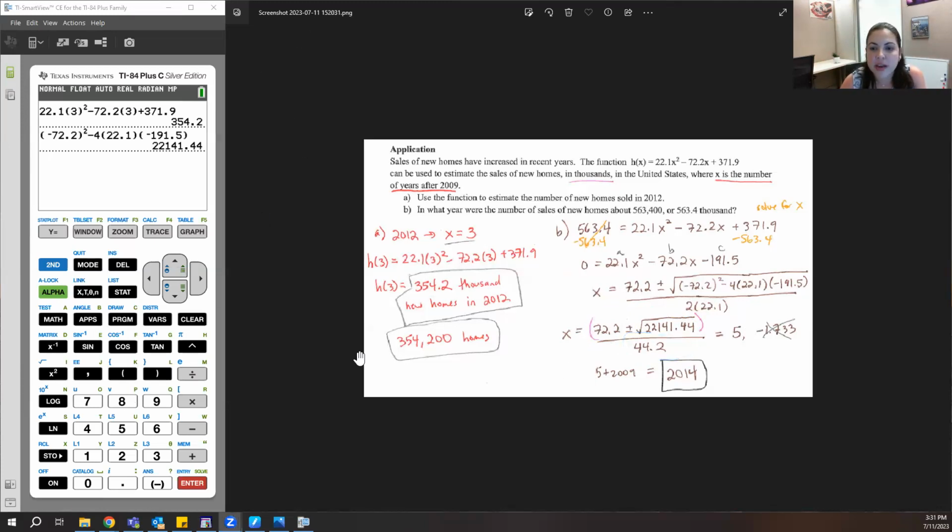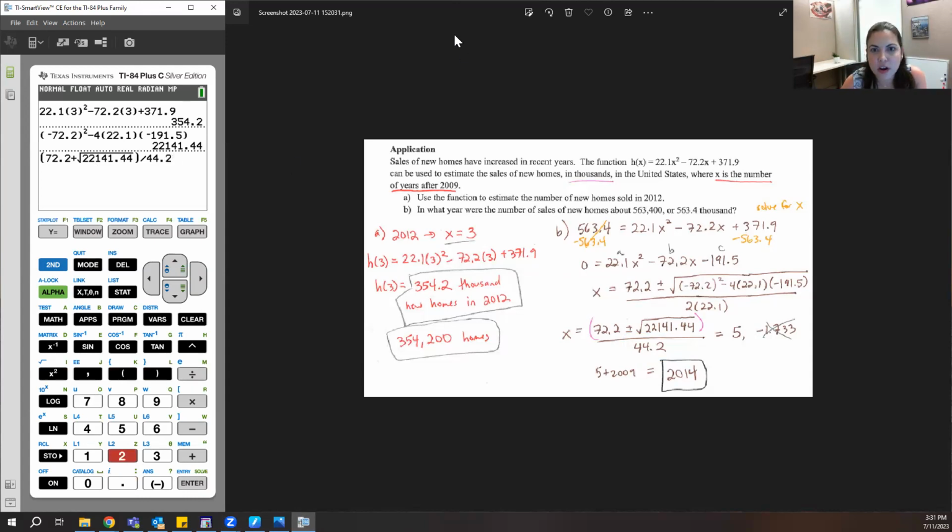So when I type that in, I'm going to do parentheses 72.2. First, I'll do the plus. And then I have the square root of 22141.44. And then I'm going to move my cursor out and close that parentheses. And now that entire expression is being divided by 44.2.